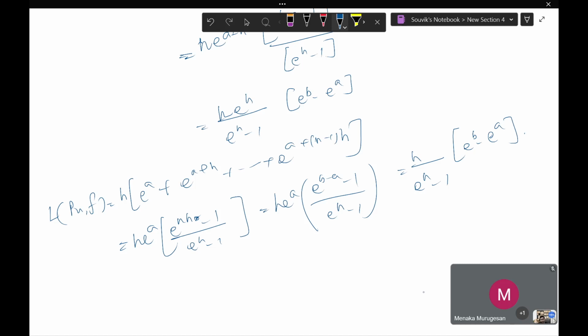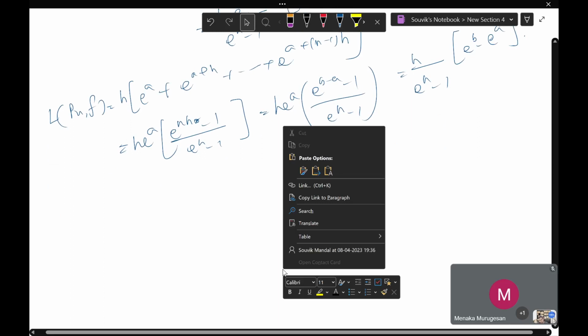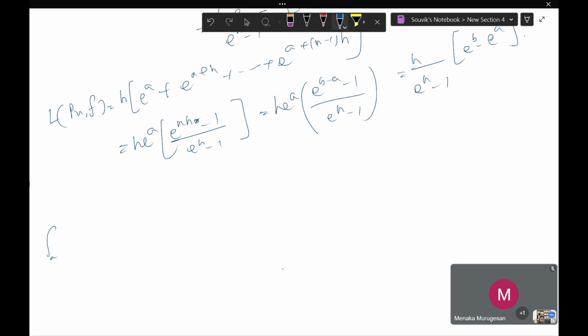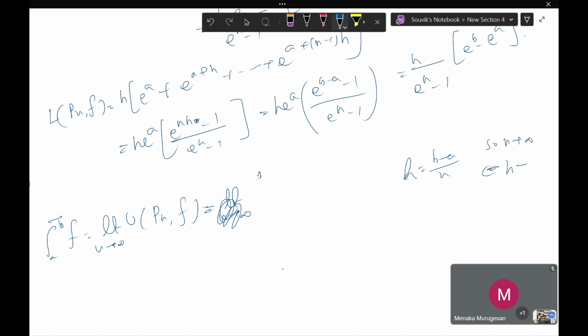So now let's calculate the limit. Now the upper integral of f is equal to the limit as n tending to infinity of U(Pn, f). Since h is equal to (b minus a) by n, n tends to infinity if and only if h goes to 0.